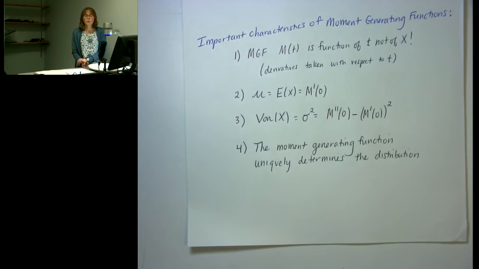So for instance, if two random variables have the same moment generating function, that means that they have to have exactly the same distribution. The other thing I'll just mention quickly is that there are some random variables that do not have moment generating functions, but most of the ones that we're going to work with here do.